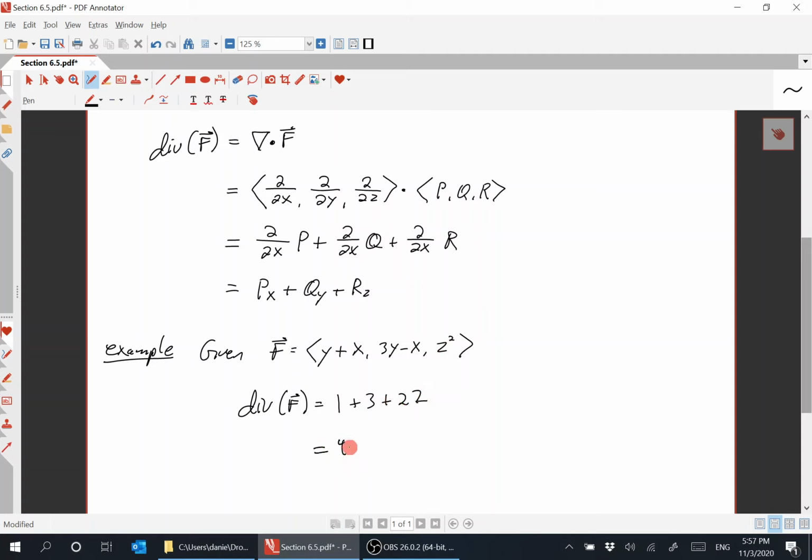So you just get 4 plus 2z. And notice the divergence of F is a scalar function. Okay?